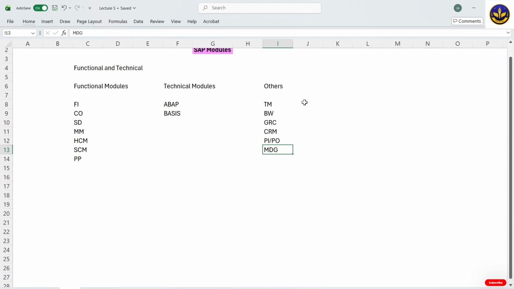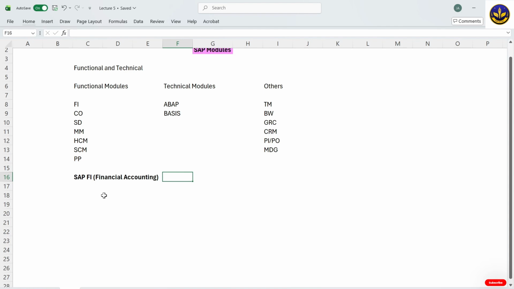Okay, let's start with the FI submodules. SAP FI stands for financial accounting. SAP FI provides the financial statements which are used for external reporting.